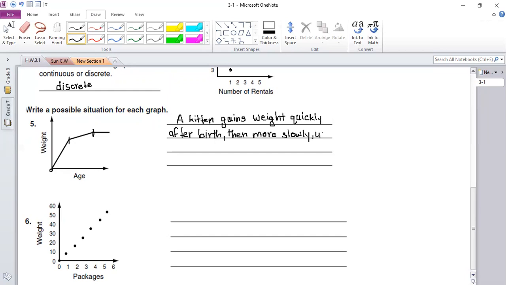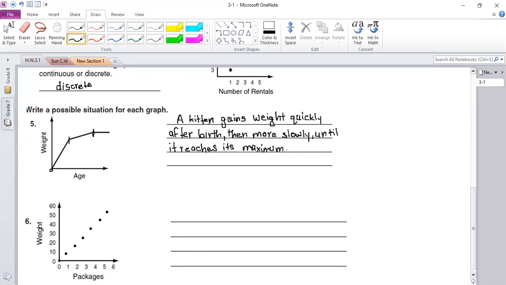Until it reaches its maximum weight. Because I'm talking about a kitten, I'm talking about its maximum.